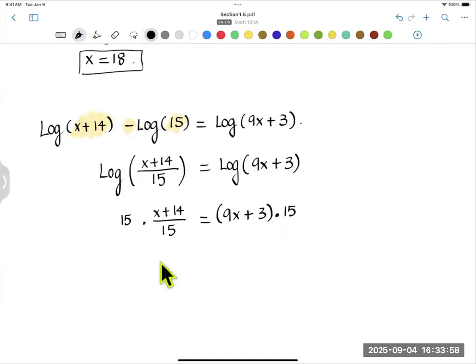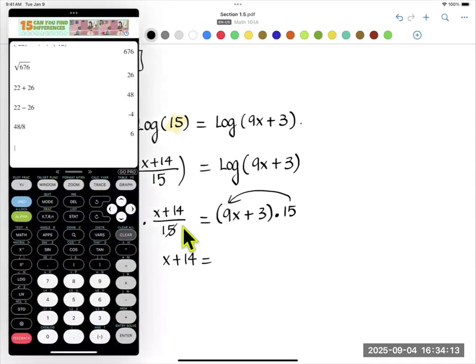So on the left-hand side, the 15s cancel. You have x plus 14 equals, let's multiply 15 times 9. What is 15 times 9? It will be 135x, and then plus 15 times 3, which is 45.